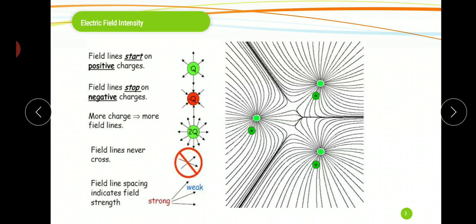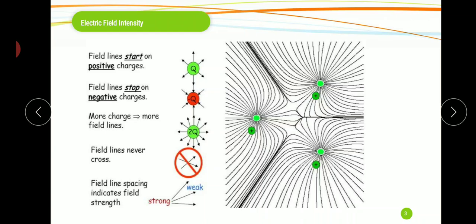And when you observe this picture, the field lines never cross each other. That means they are always in a parallel manner. They never cross each other. Depending upon the spacing between the field lines, we can tell the strength of the field, whether it is strong or weak.